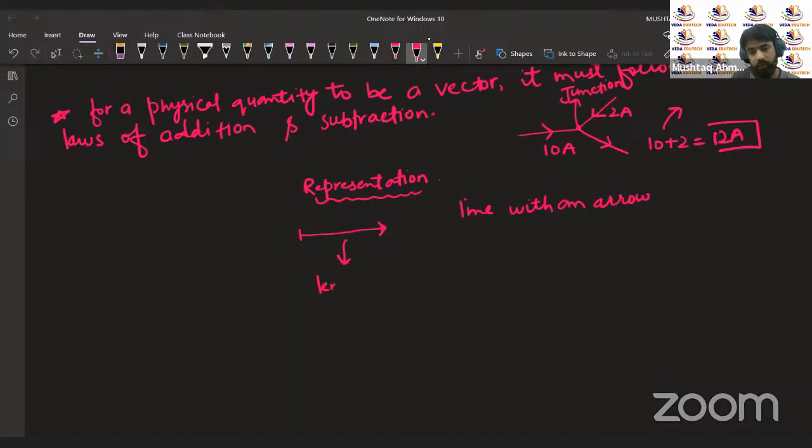This length gives us the magnitude of the vector. And this arrowhead gives us the direction of the vector.